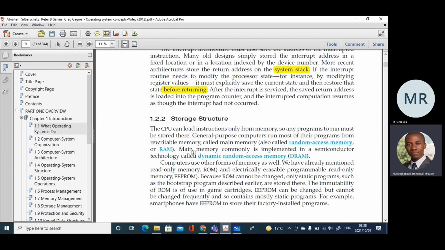So on a mobile phone, you'd want to have an EEPROM whereby you store what we call the factory installed programs. So these are programs that come inherently with the phone, the basic programs as we call them.